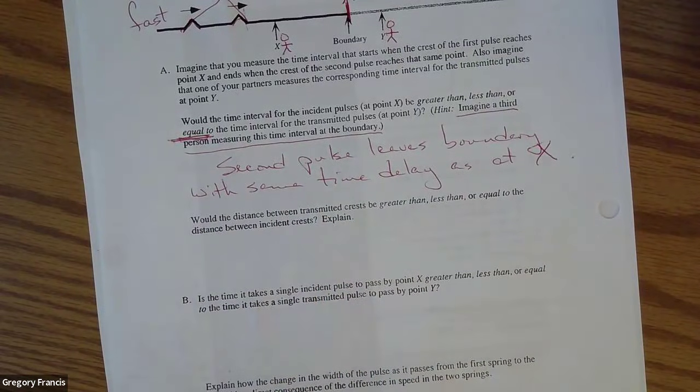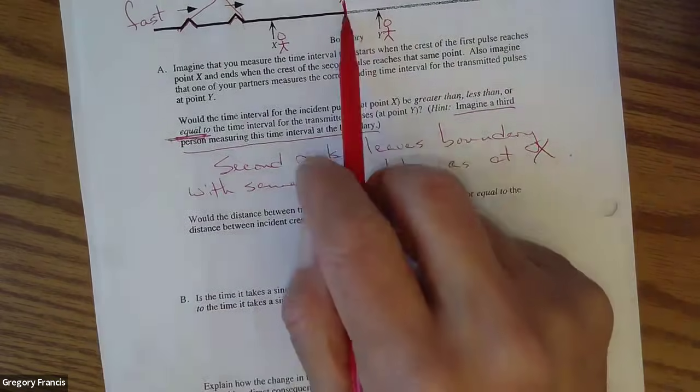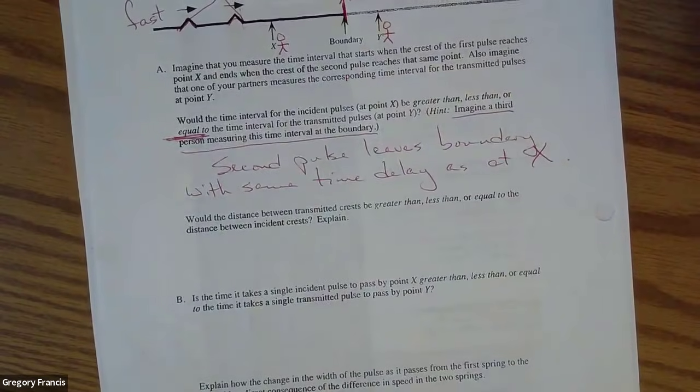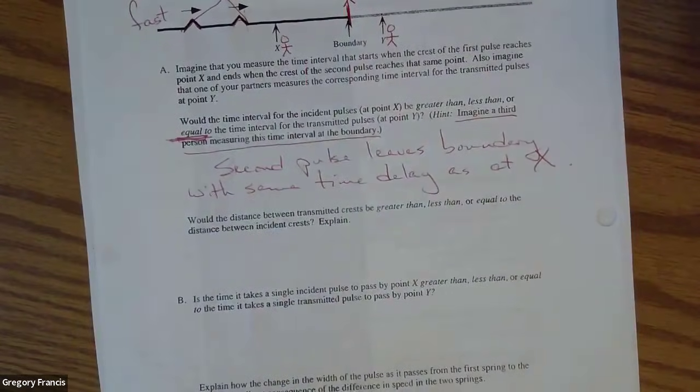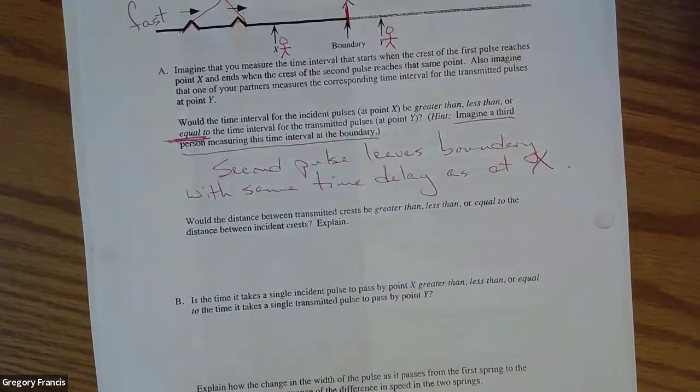What about the distance between the transmitted crest and the incident crest? Well, the transmitted crest, let's think about those pulses leaving the boundary. They arrive 2 seconds apart, but one takes off towards point Y, and the other one doesn't leave until 2 seconds later. But the first pulse hasn't gotten very far because it's a slow spring. Things are moving slow in that spring.